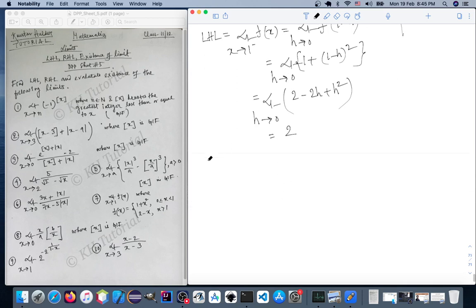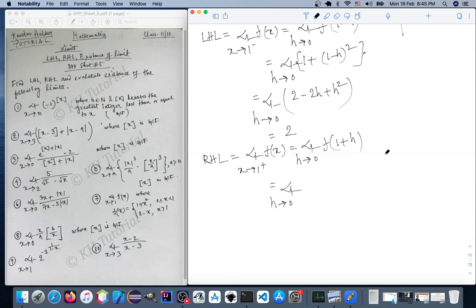Now let's see what is RHL. RHL is limit x tends to 1 plus f(x) equals limit h tending to 0 f of 1 plus h.